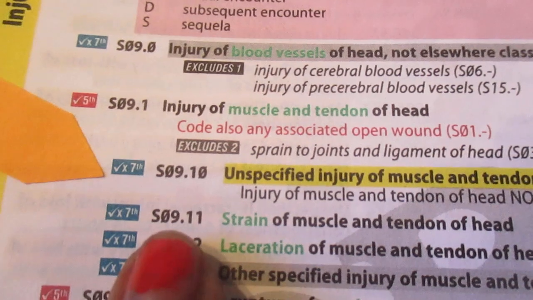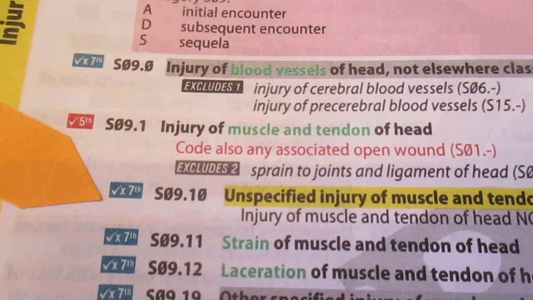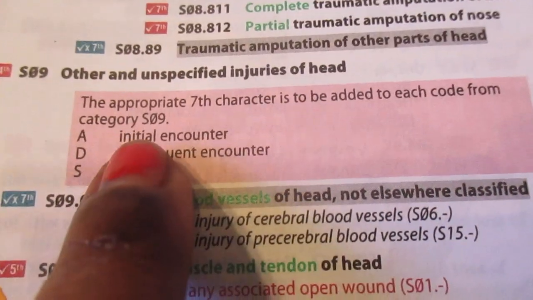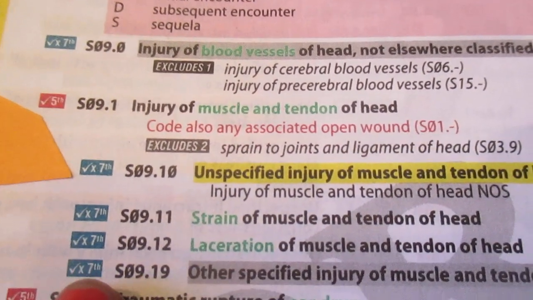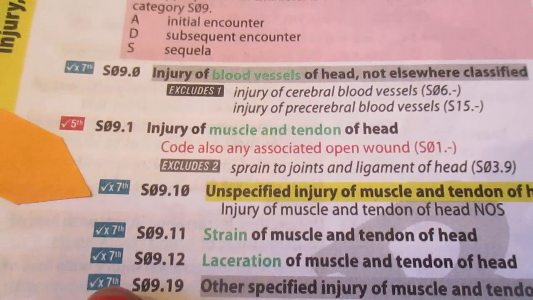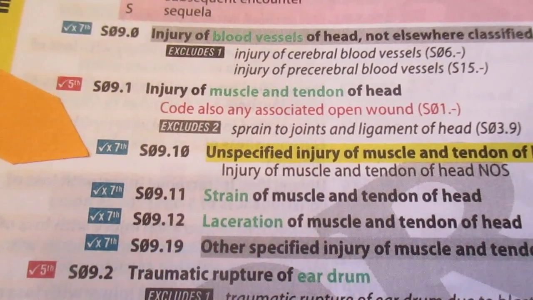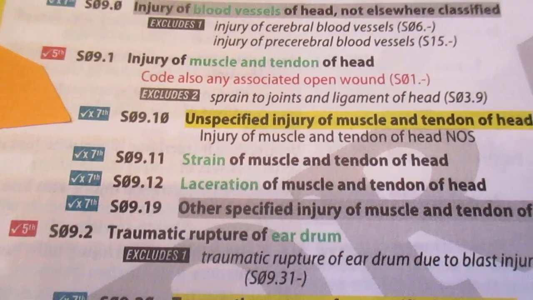So when a code is less than 6 digits, and I have a note that tells me I need 7 digits, it tells me there, and it tells me here. Check the 7th, add the 7th. This code should be 7 digits long. Then I know to put a placeholder X in there to make that code 7 digits long. Okay?